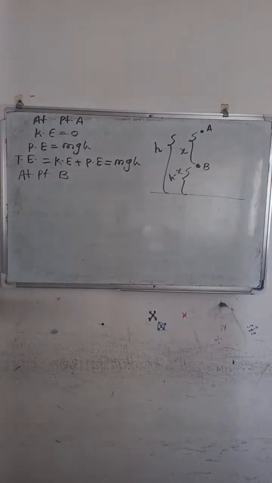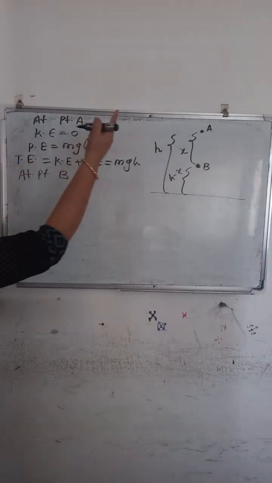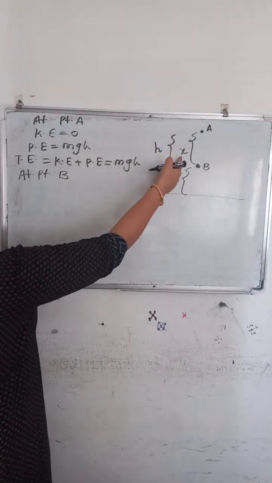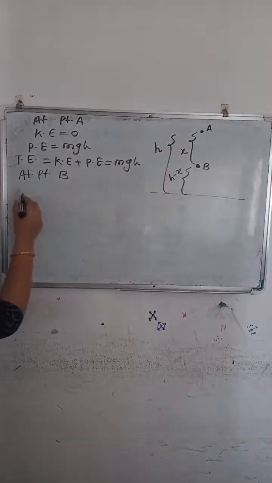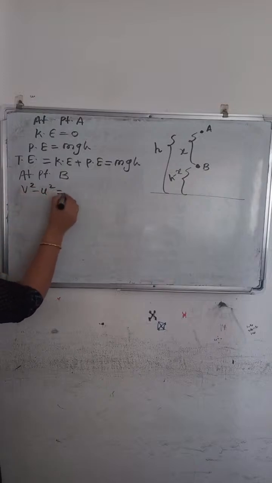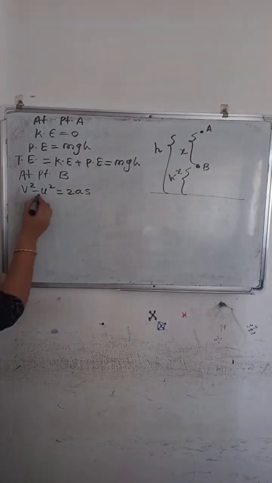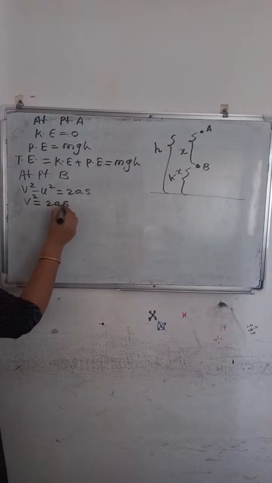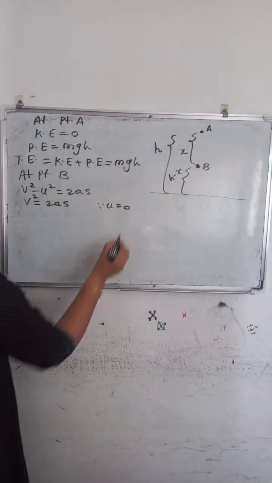At point B, how much is the potential energy? Can anyone guess? If not, we can discuss kinetic first. As the body travels from A to B and covers a distance x with a certain velocity v, we can use the kinematic equation v square minus u square is equal to 2as. The initial velocity u is 0, so v square is equal to 2as.